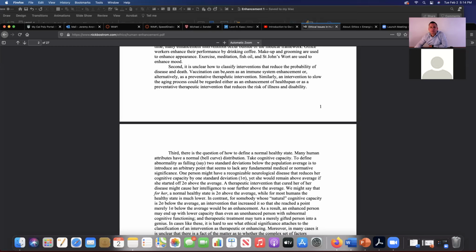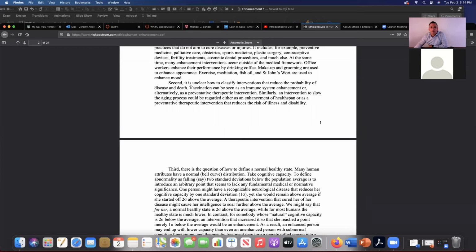Vaccination can be seen as an immune system enhancement or alternatively as a preventative therapeutic intervention. Similarly, an intervention to slow the aging process could be regarded either as an enhancement of health span or as a preventative therapeutic intervention that reduces risks of illness and disability. So vaccinations are going to be a problem case for the distinction between enhancement on the one hand and therapy on the other.